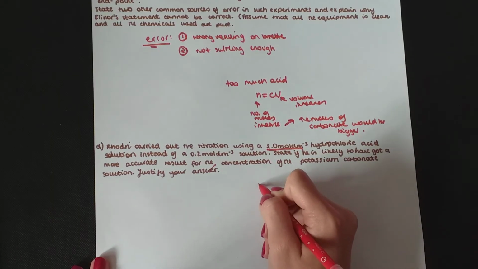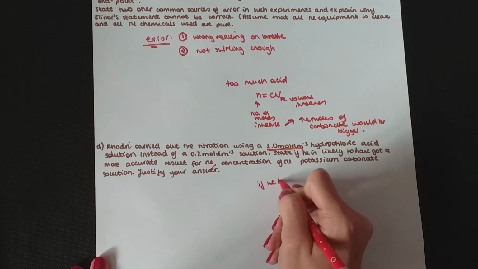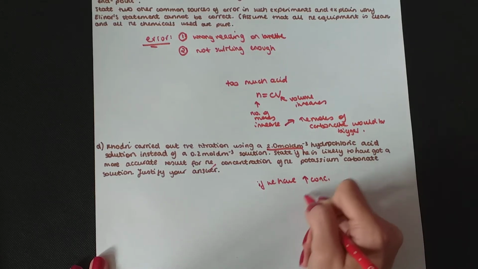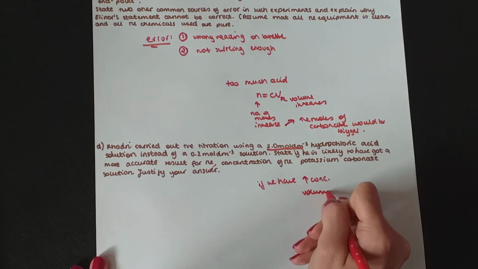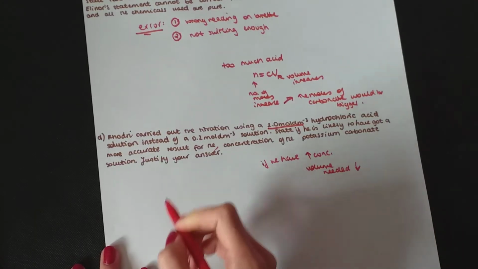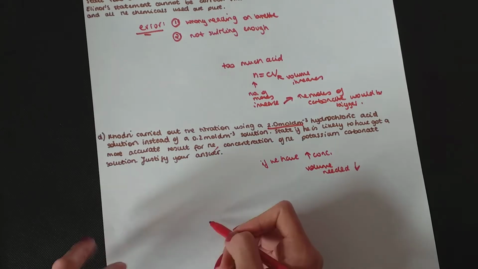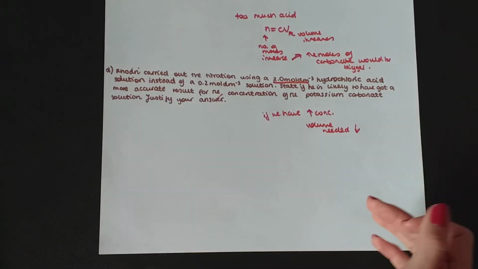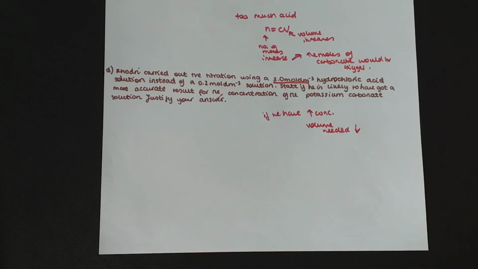If we have a bigger concentration, the volume needed would be smaller. If you have a smaller concentration, the volume needed would be bigger. But it's much easier to make a mistake when you have a small amount of volume compared to having a bigger amount of volume.